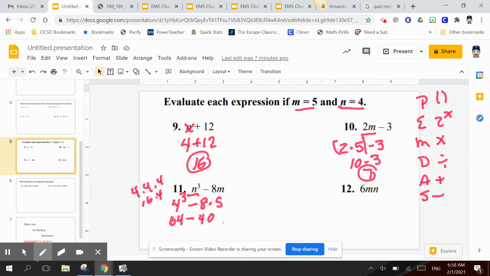Subtract is the only operation I have left, and I have 24. Number 12 is 6mn. Again, when I have a number and a variable side by side, it means to multiply. So I have 6 times m, which is 5, times n, which is 4. 5 times 6 is 30. 30 times 4 is 120.